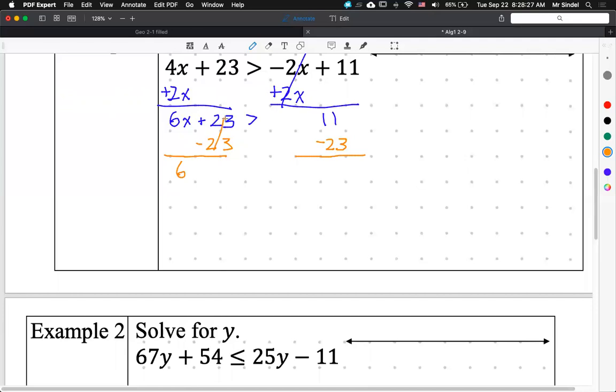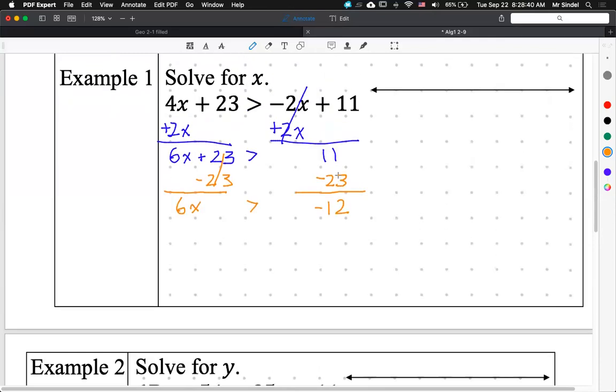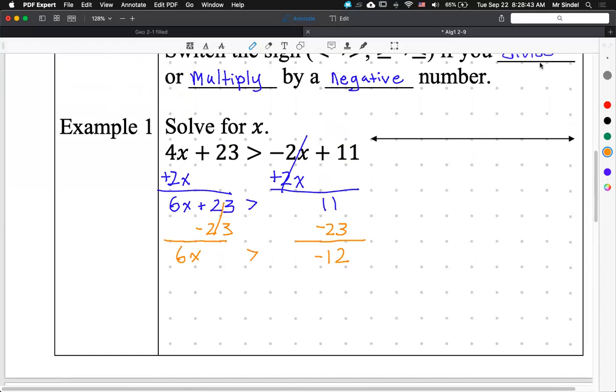Oh yeah, so after I do 23 minus 23, what do I have? 6x greater than negative 12. Oh, nice. Negative 12. Perfect. Very nice. Thank you, Haiti. And what do I do now?